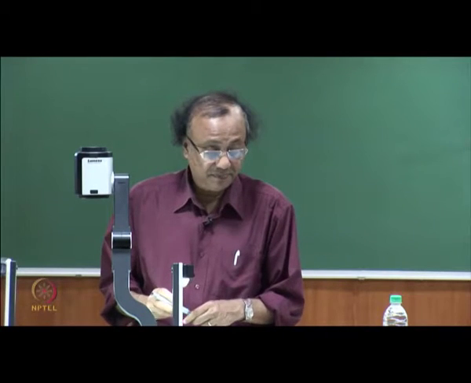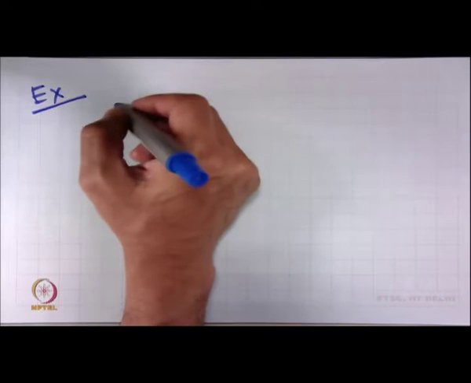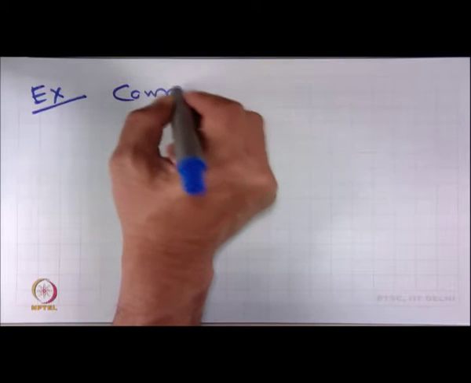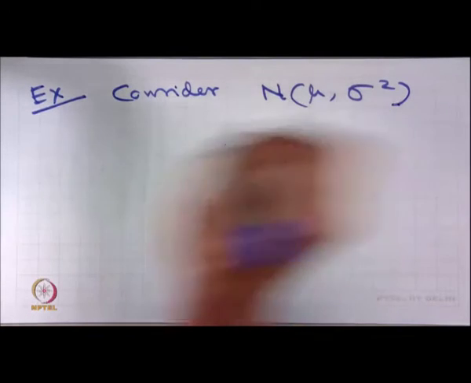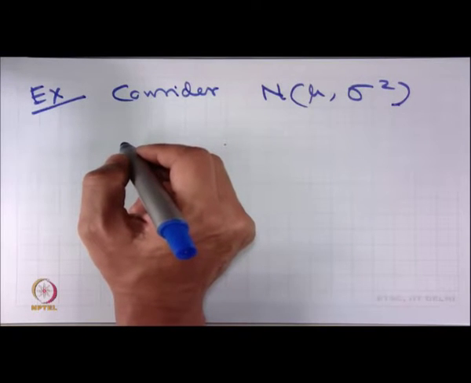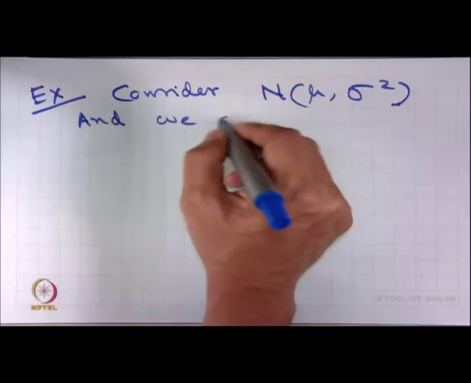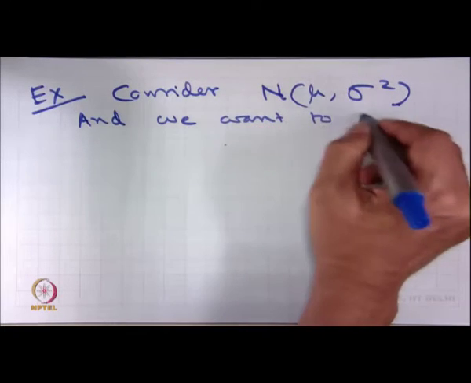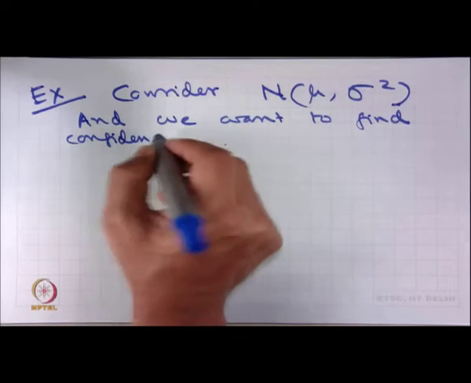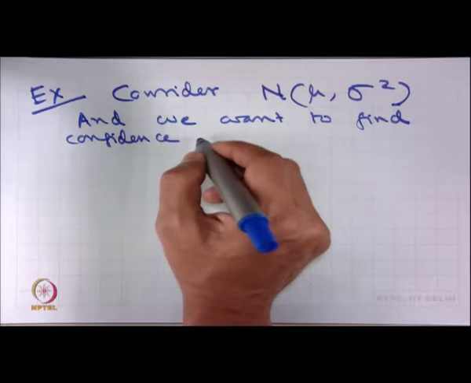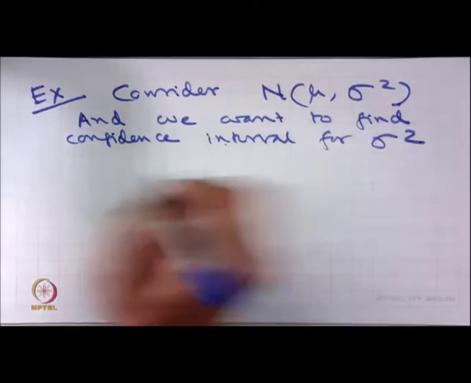Let us look at another problem. Consider normal mu, sigma square, and we want to find the confidence interval for sigma square.